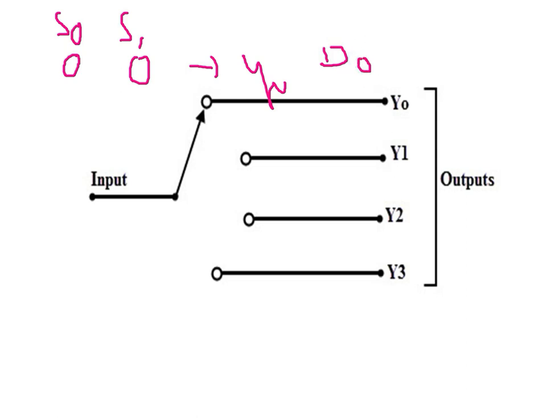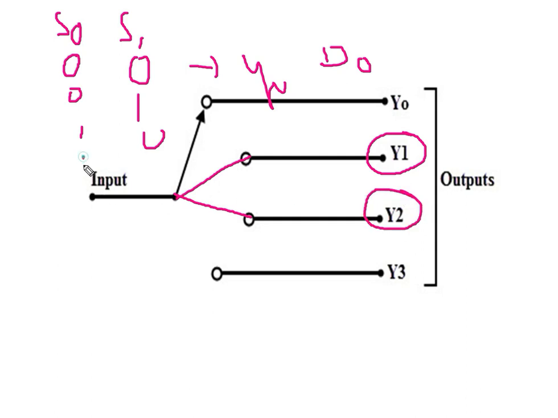When you select 0 0 on the 2 selection points, the activation will be D0, that is Y0. When you select 0 1, your input is selected and the output is targeted to Y1. When you select 1 0, that input reaches Y2 and Y2 will be activated. When you select 1 1, that input reaches Y3. So it will activate according to the selection point.